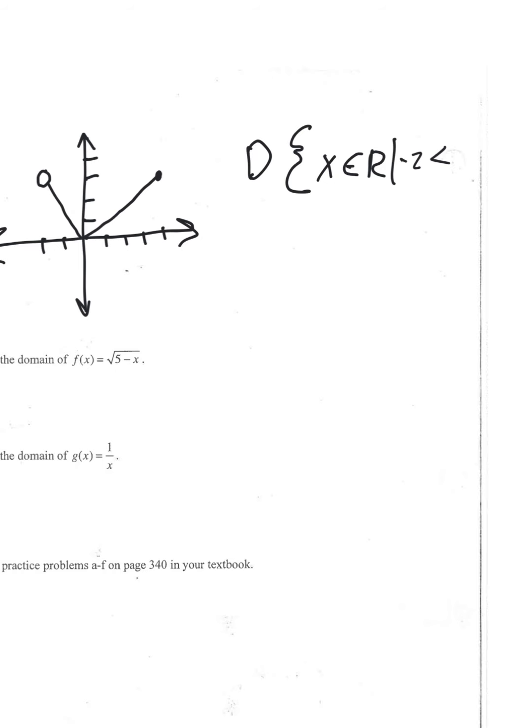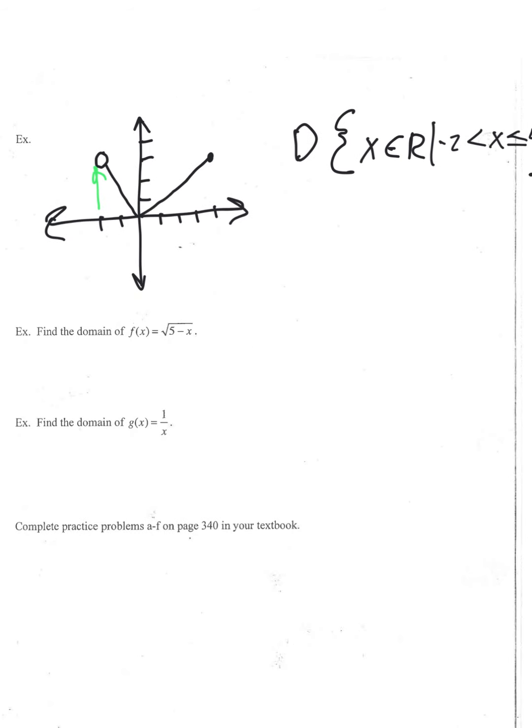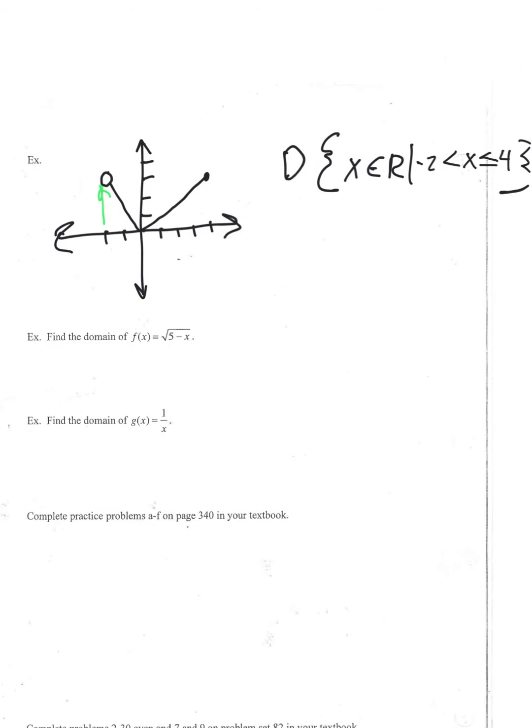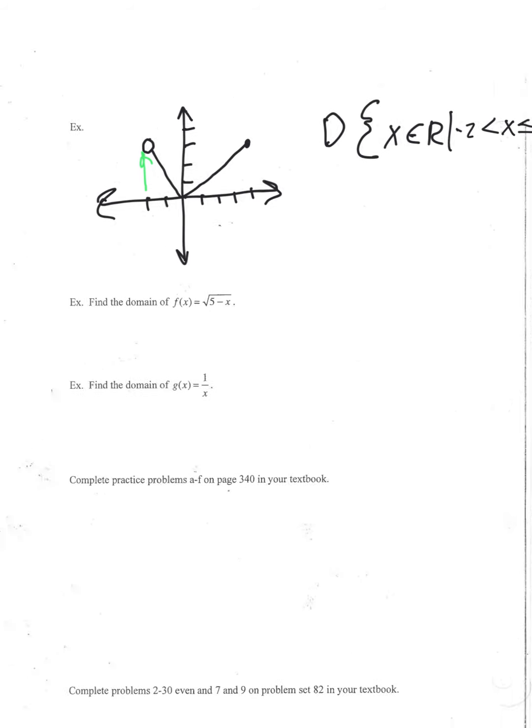I'll actually demo that here: open circle, -2. And the x can actually go all the way up to, well, it looks like it can go up to 4, less than or equal to 4, including 4, right? So that's how we would write that. Essentially, x has to be greater than -2 and less than or equal to 4, and it can be any of the reals in between those values.